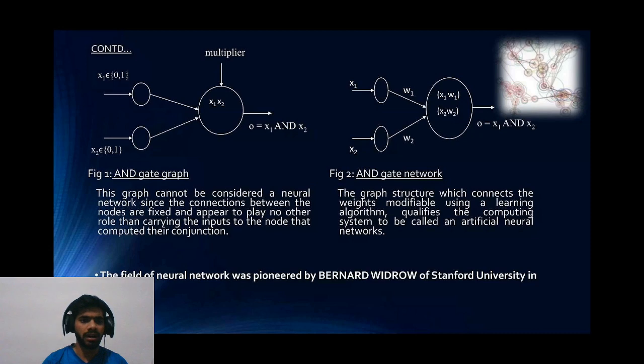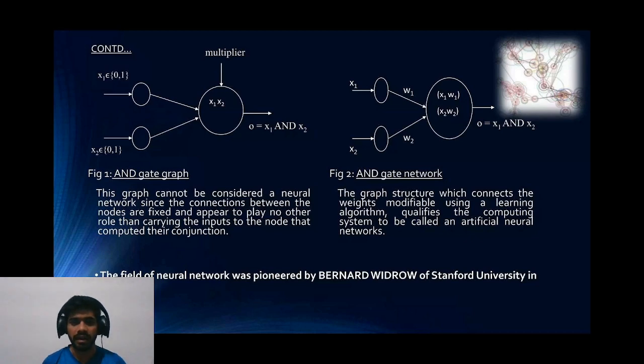So here there are two figures. First shows the AND gate graph and second shows the AND gate network. The AND gate graph cannot be considered a neural network since the connections between the nodes are fixed and appear to play no other role than carrying the inputs to the node that computed their conjunction.